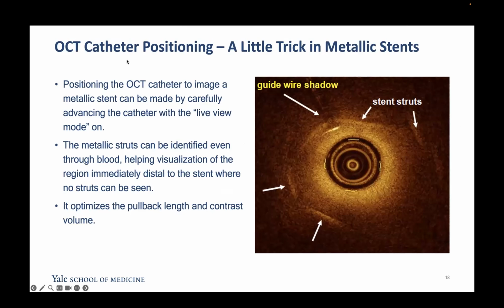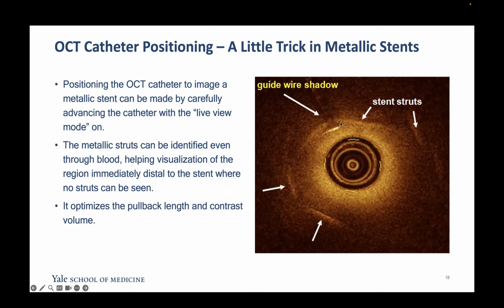When you're imaging post-stent, one thing that I like to do to optimize the length that I'm going to image and minimize the amount of contrast that I'm going to use is, on live view, you don't even need an X-ray, you just do live view on OCT. If you see struts shining, struts are so reflective that even the minimum amount of light that comes from the catheter goes through blood, and you can see that you're inside the stent.